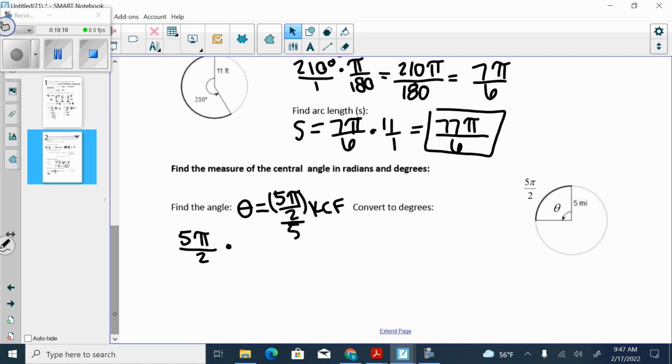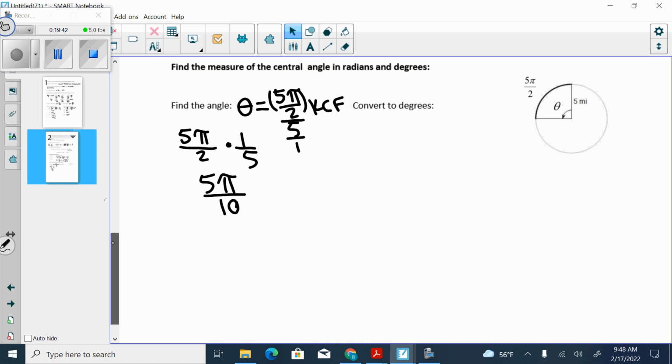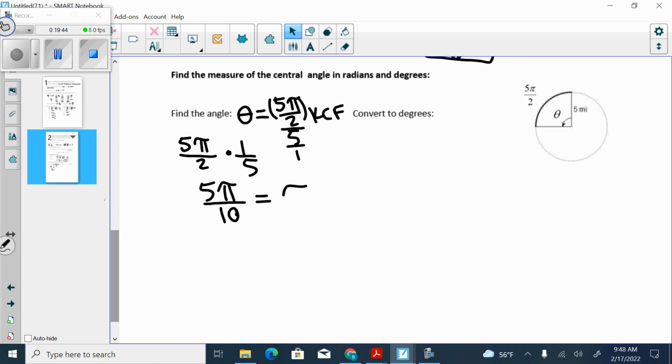Currently this is just 5 or 5 over 1. If I flip that over, it becomes 1 over 5. Now I multiply across the top. 5 pi times 1 is just 5 pi, and in the bottom 2 times 5 is 10, and 5 pi over 10 will simplify to pi over 2.